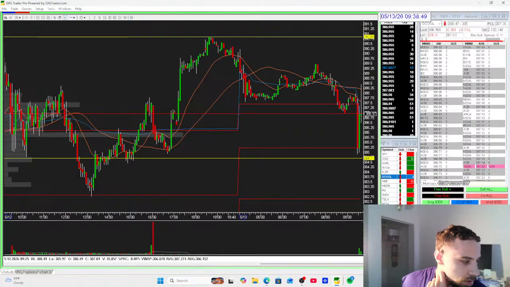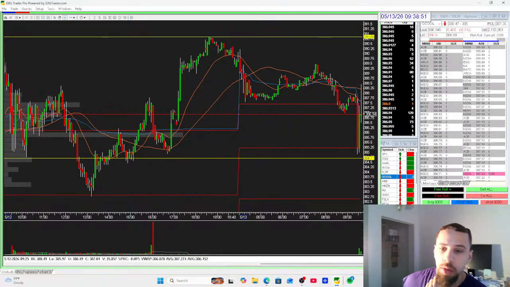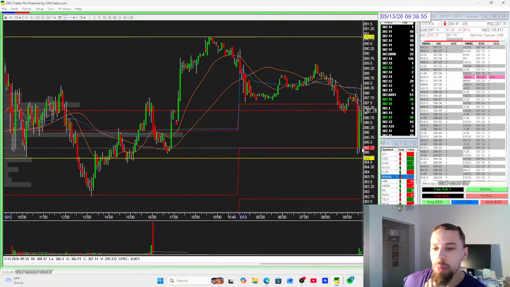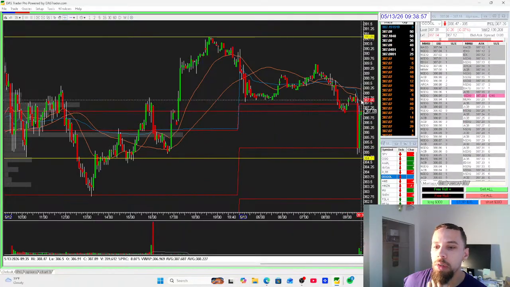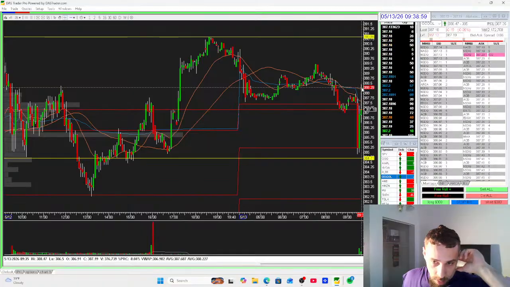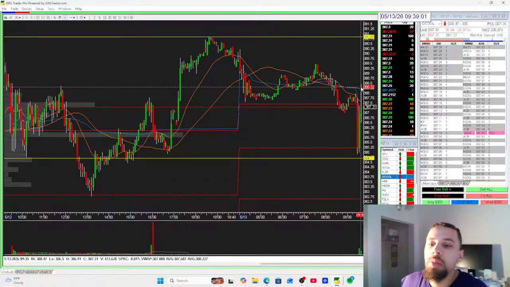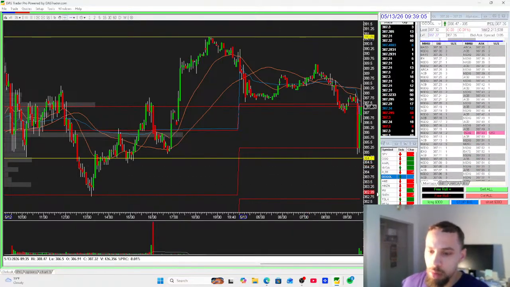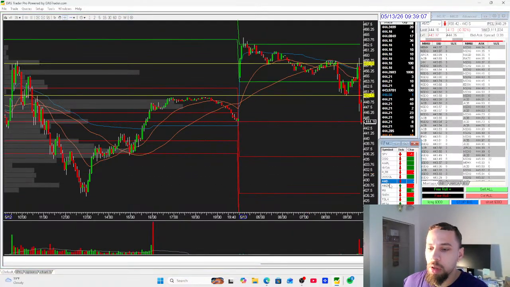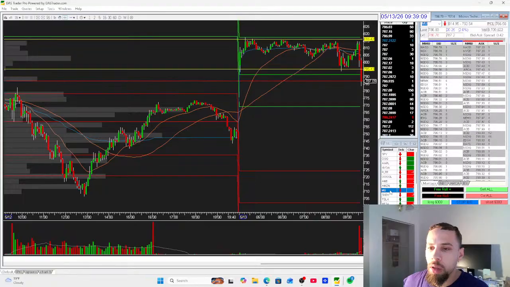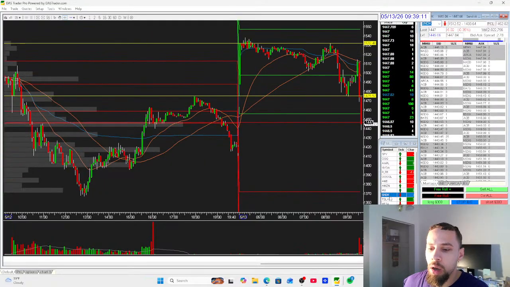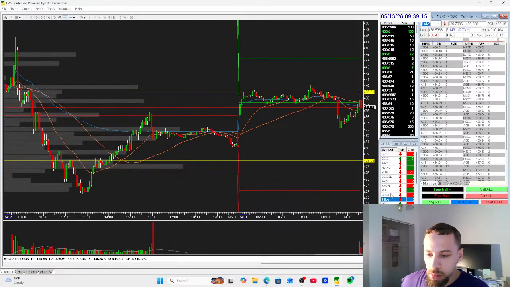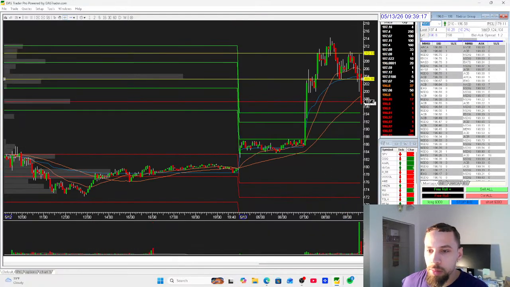Google's a little bit interesting. Sold off pre-market. Big green candle up. Next green candle, bought up, but a bit of selling pressure. Tesla, range bound.